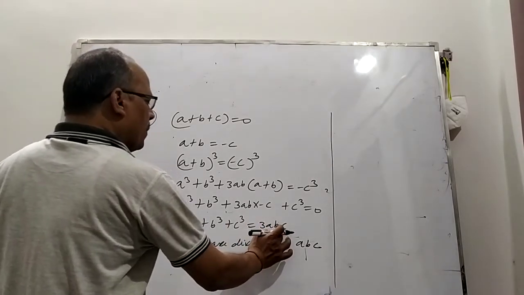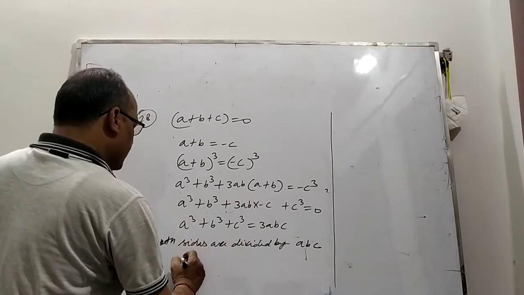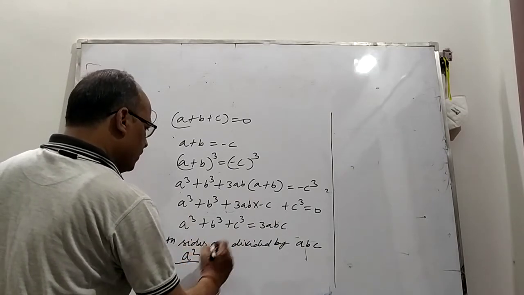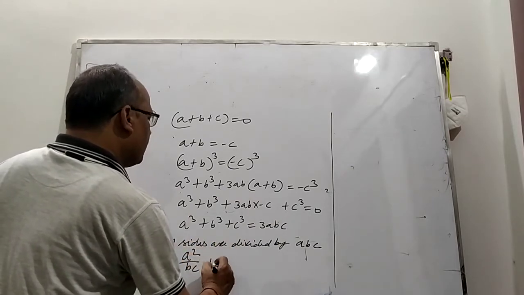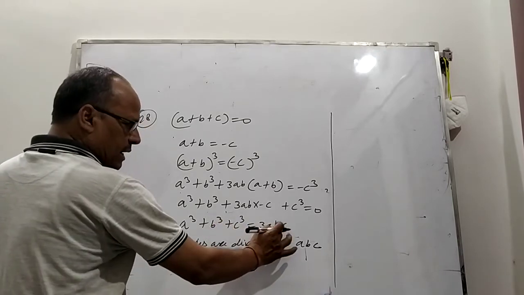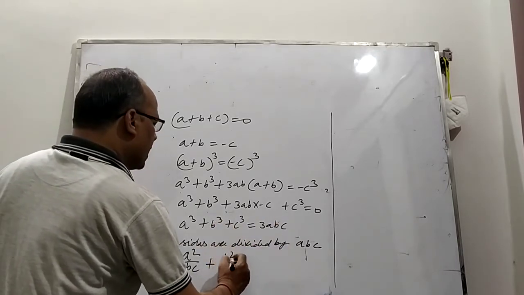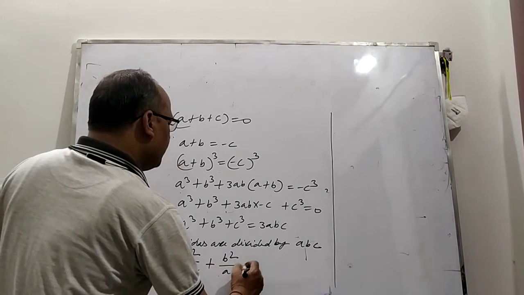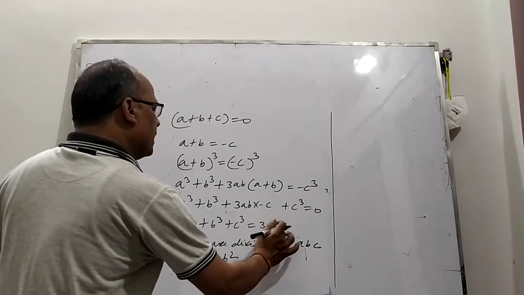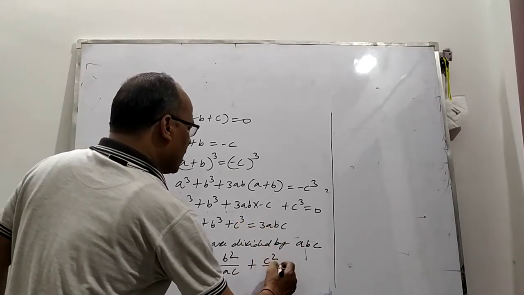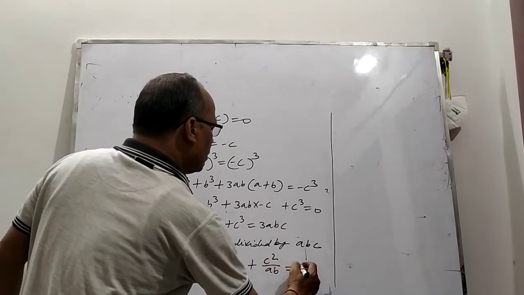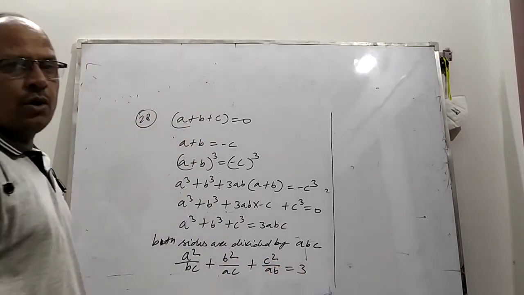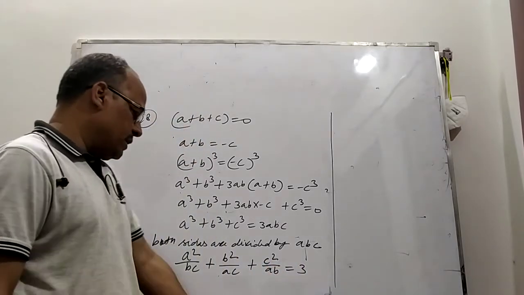A cube upon ABC, that is A square upon BC, plus B cube upon ABC, that is B square upon AC, plus C cube upon ABC, that is C square upon AB, equal to 3. Now it is proved. Okay.